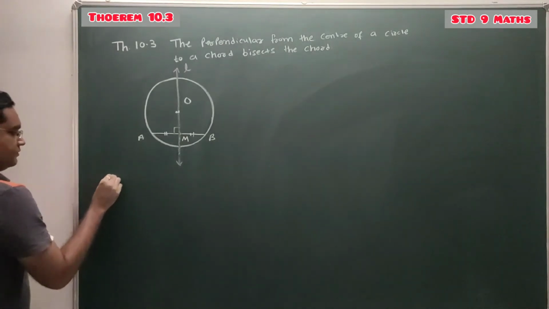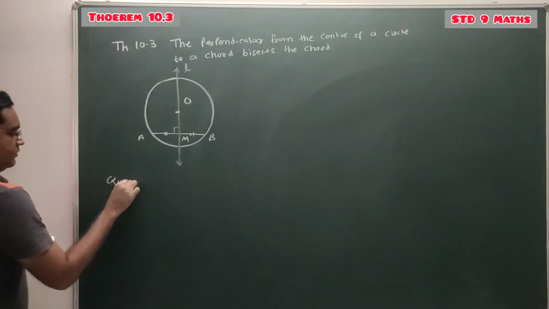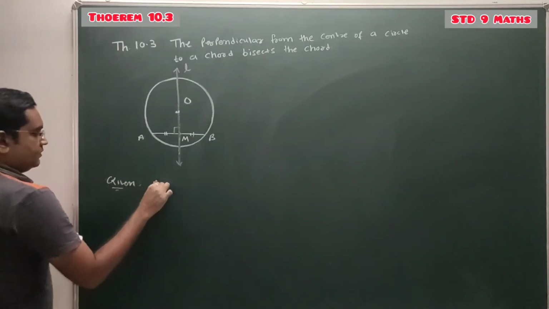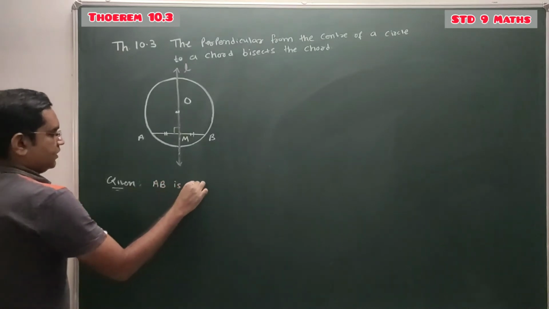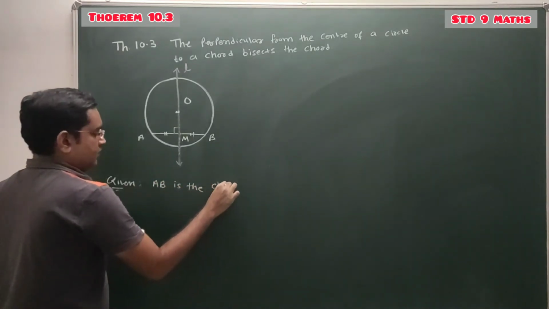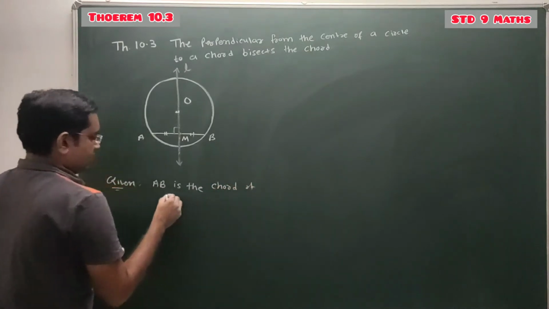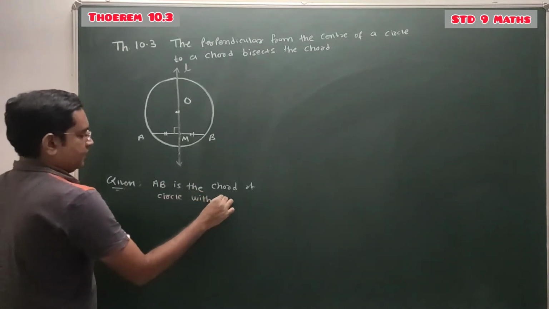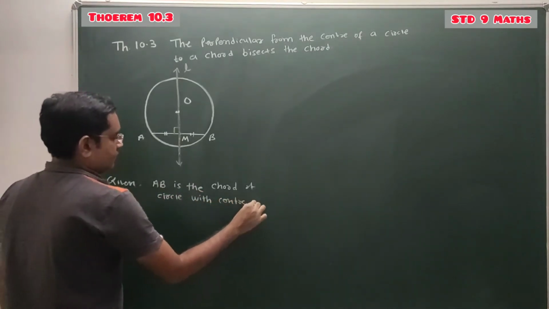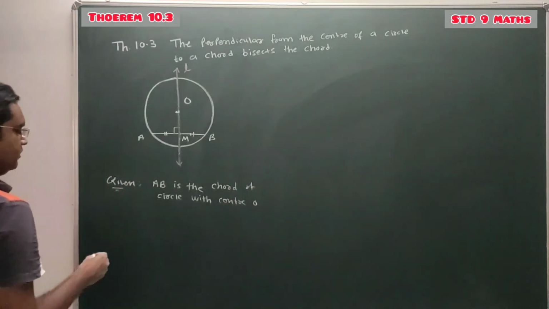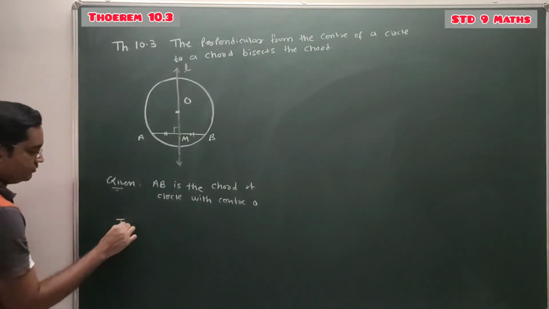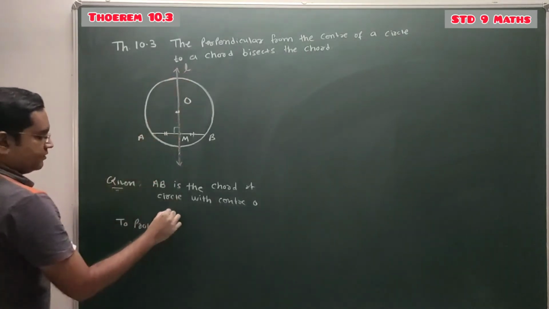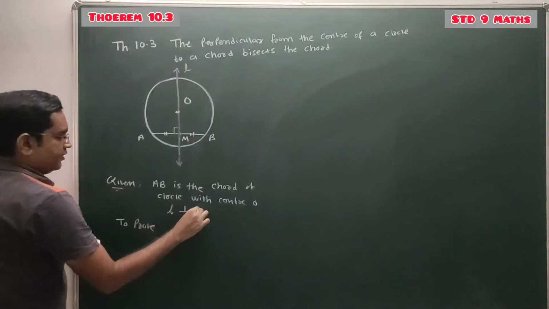Done? So given, what are we given? AB is the chord of the circle with center O, and also we can say that L is perpendicular to AB.